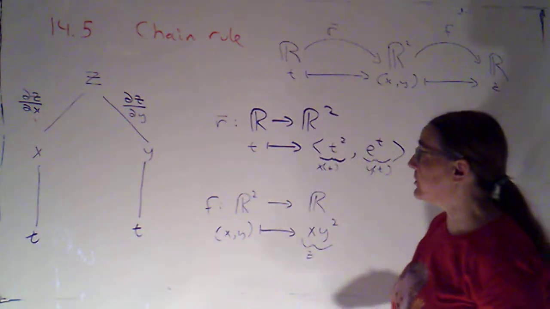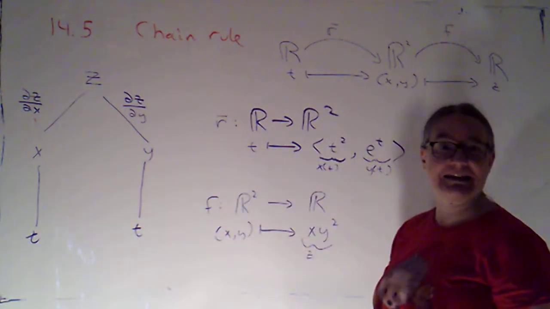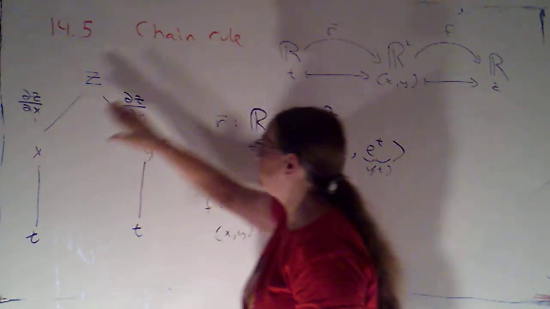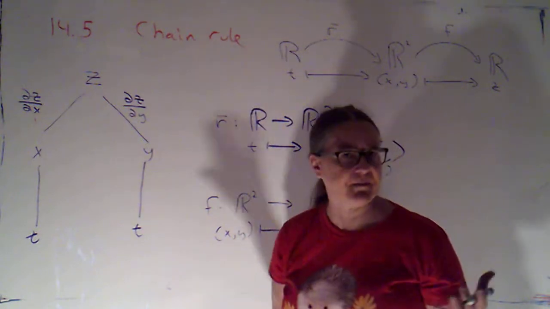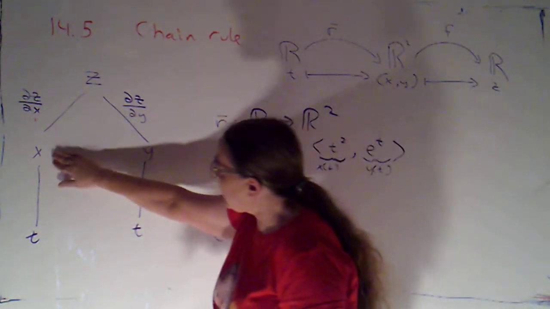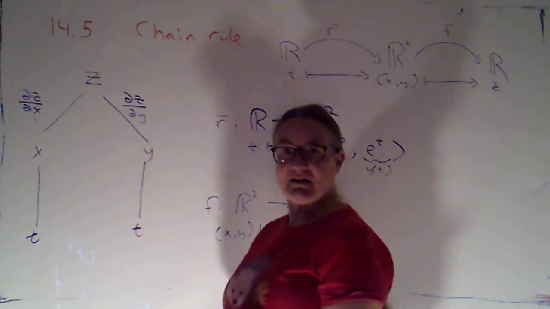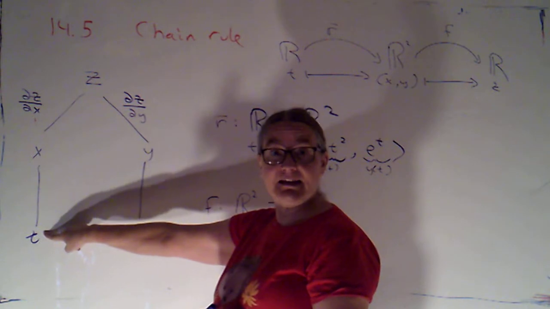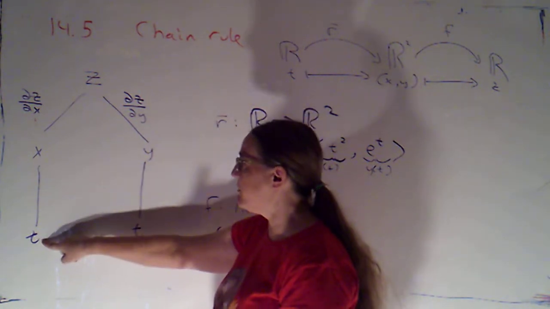And if I preferred, since the function that's giving me my z values is f, if I wanted to write the partial of f with respect to x and the partial of f with respect to y, that would be perfectly fine. Okay. All right. Then I'm going to look at these dependence relations. Here, there's only one line leading from x to a variable.